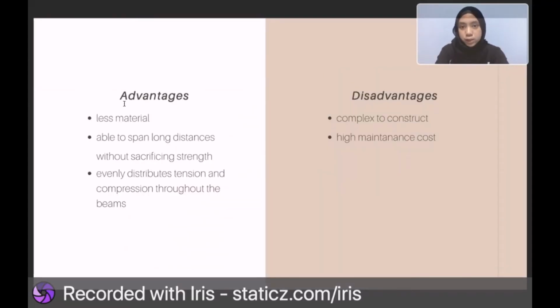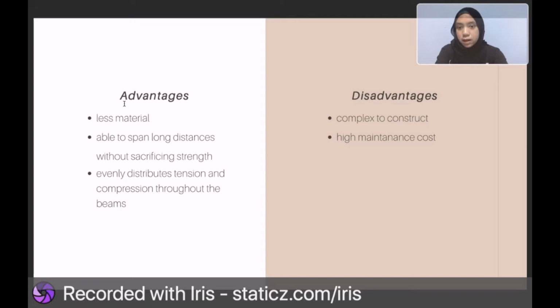As other bridges, camelback truss bridge also has some advantages and disadvantages. For the advantages, first, camelback truss uses less material to design. This makes this truss a cost-saving truss due to the amount of material needed to construct the camelback truss that can be reduced.